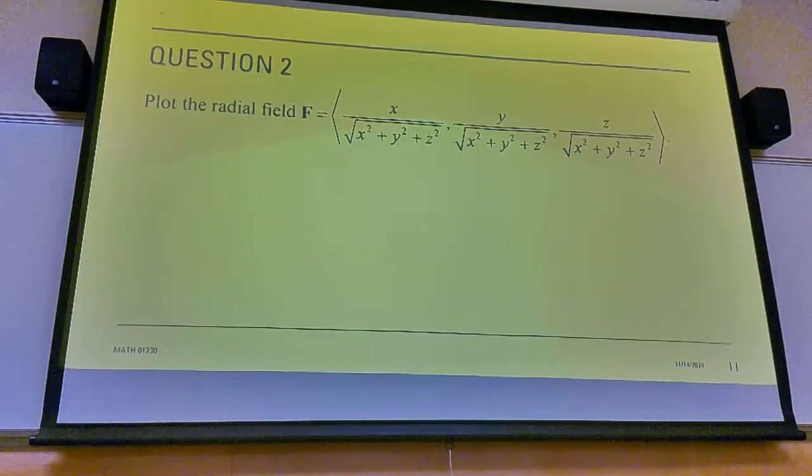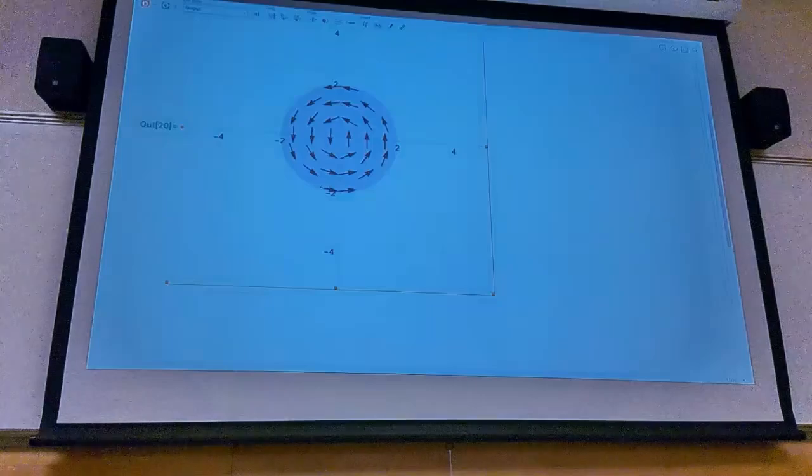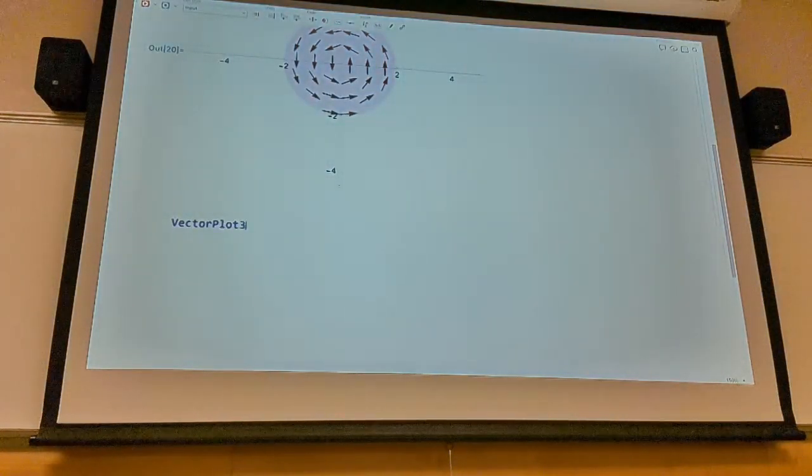Pretty much the same options, I believe. Oh, we'll see. That's vector plot 3D.